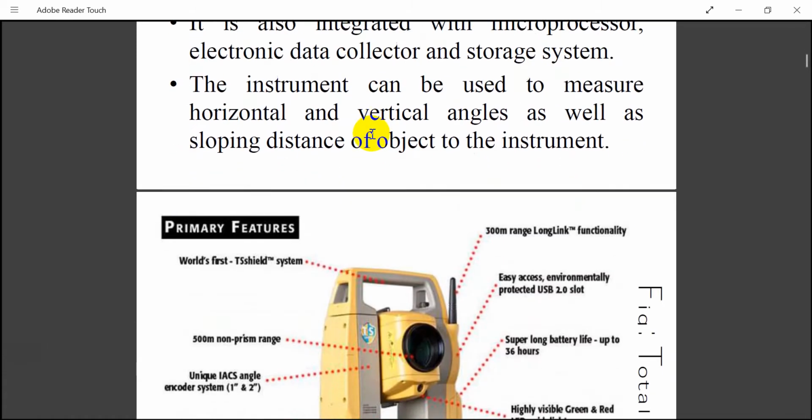The instrument can be used to measure the horizontal and vertical angles as well as the sloping distance of the object to the instrument. I already said that using electronic distance measurement, you can only calculate the sloping distance, not the exact horizontal distance. Based on the vertical angle, you can find out the horizontal distance. With respect to the EDM instrument, you will find only the sloping distance. I already explained it last class.